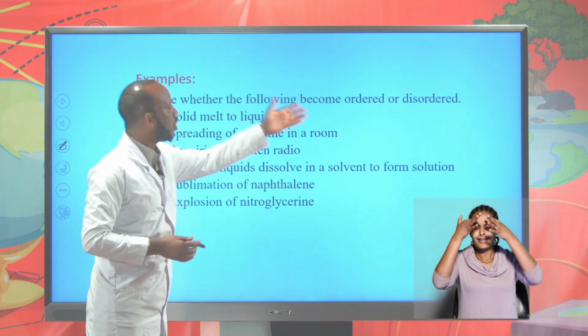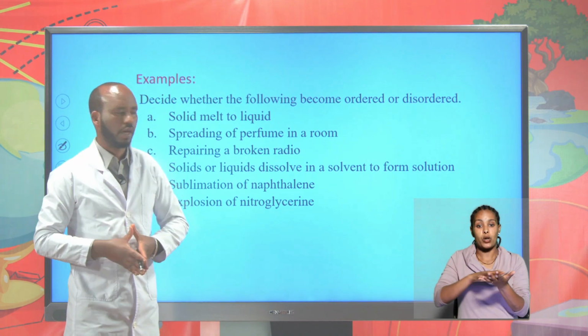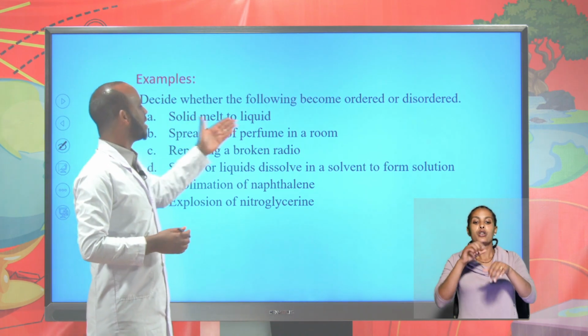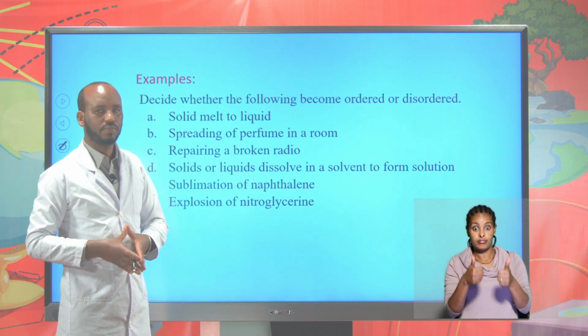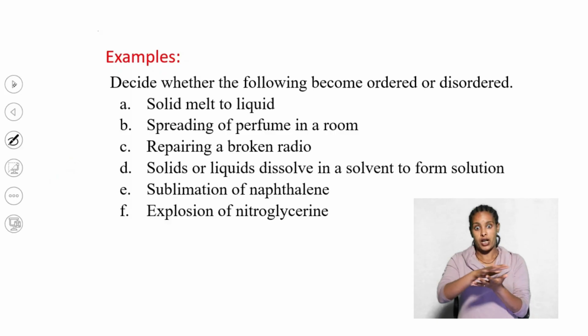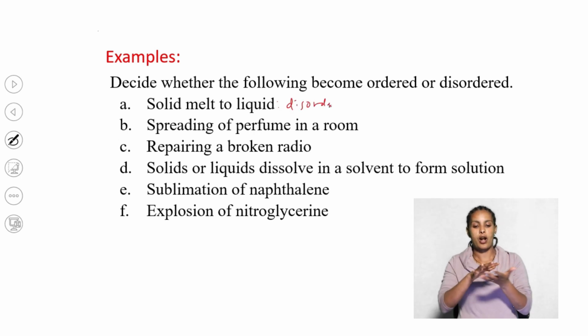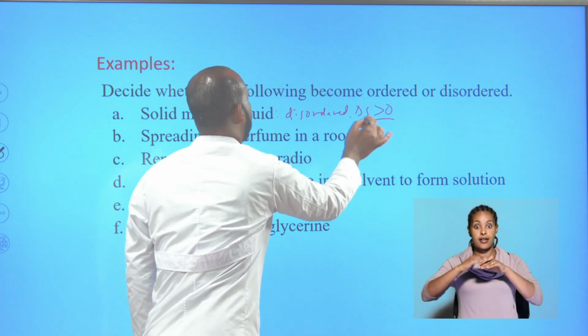Decide whether the following becomes ordered or disordered. A. Solids melt to liquid. This process is disordered. Therefore, the change in entropy delta S is greater than 0.